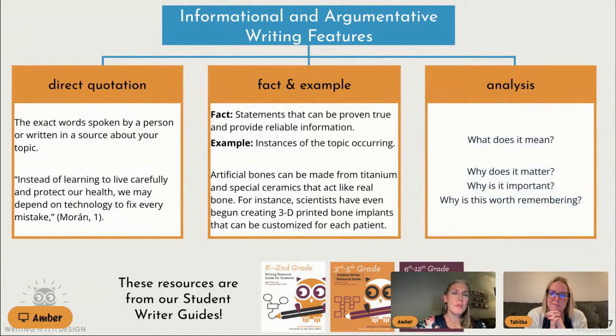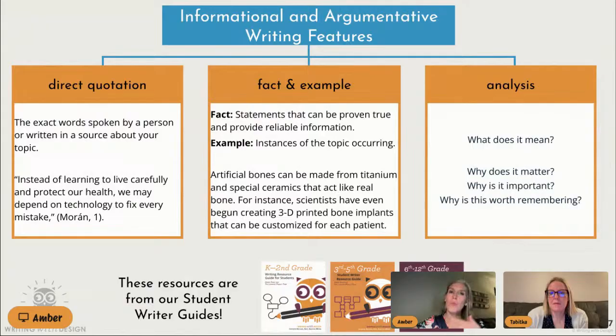And then the analysis piece, I mean, this is huge, and there's so much we could do on this. But what we distilled it down to for the session was basically to say, what does it mean? Why did you pull in that direct quotation? Why did you pull in that fact and example? And then think about, why does it matter? Why is it important? Why is this worth remembering? That is the goal of the analysis piece, because it gets students to tell more than just the surface level, artificial bones are bad or artificial bones are good.